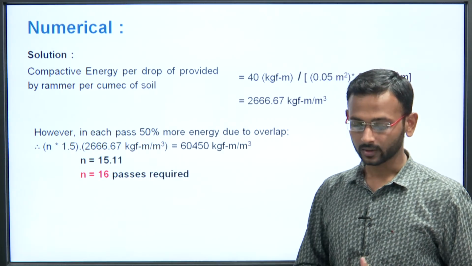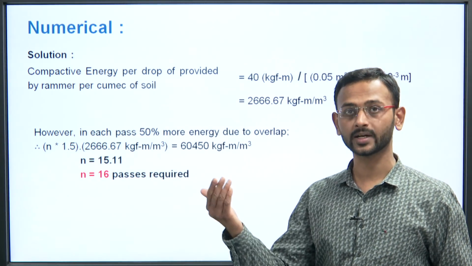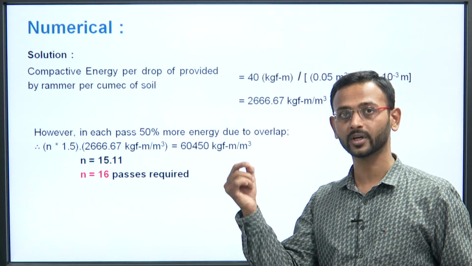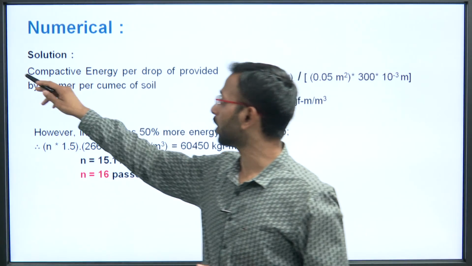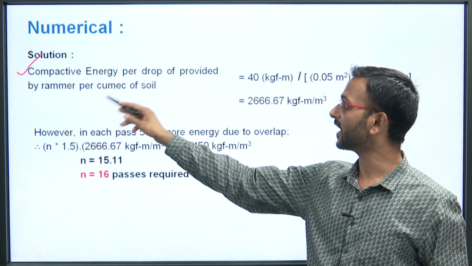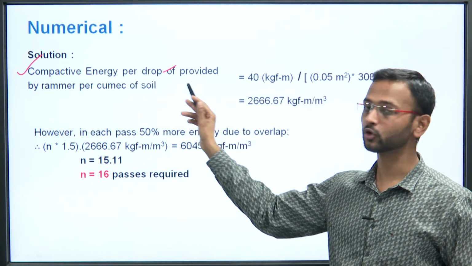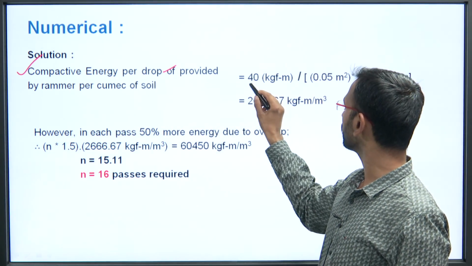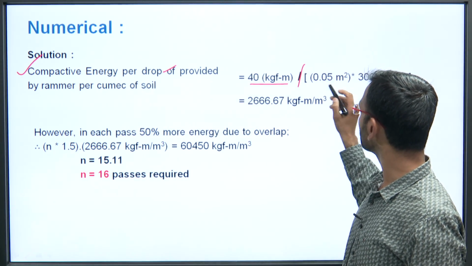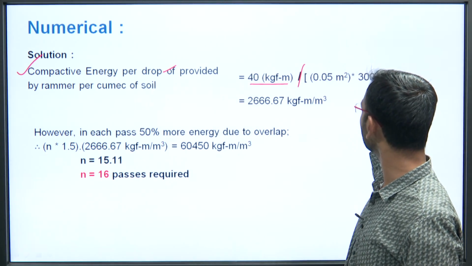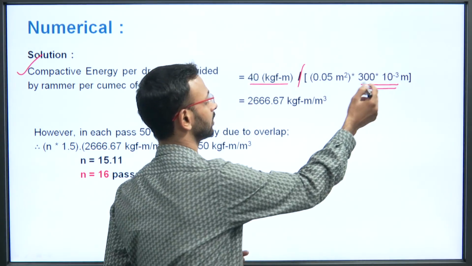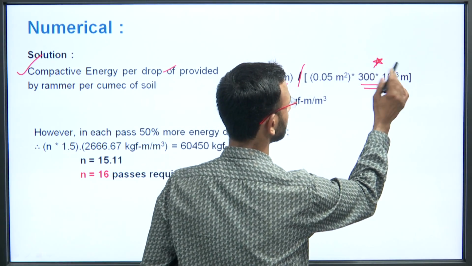Now the energy to be imparted is 60,450 kilogram force meter per meter cube. The compactive energy per drop provided by the rammer per cubic meter of soil is 40 kilogram force meter divided by 0.05 meter square into the lift thickness of the soil.